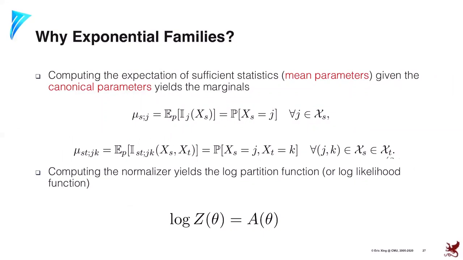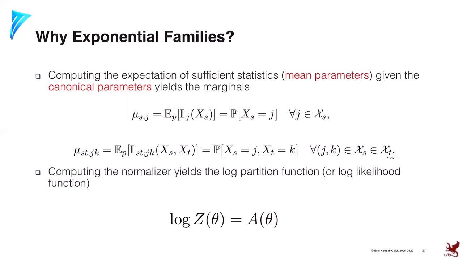We should note that this exponential family is very useful because for the inference problems, we usually care about the marginals, and with these exponential families, those marginals that we care about can be well represented.